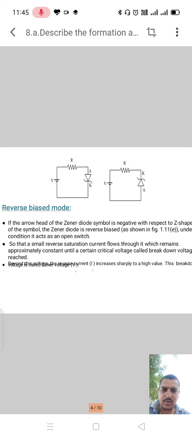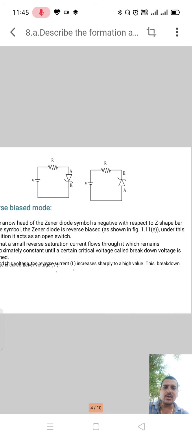That voltage is called Zener breakdown voltage. The current then increases sharply to a high value. This is breakdown.